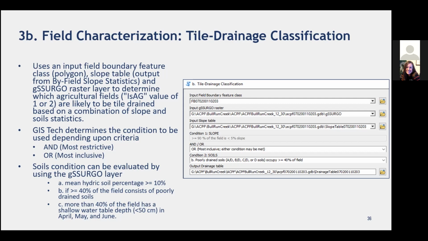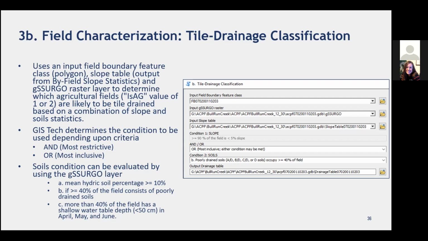So you provide the soil and the slope. And then whoever is running the tools, be it you or another GIS technician, would determine the condition that is used to try to figure out if there's tile drainage there or not.